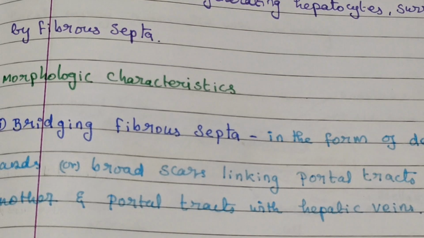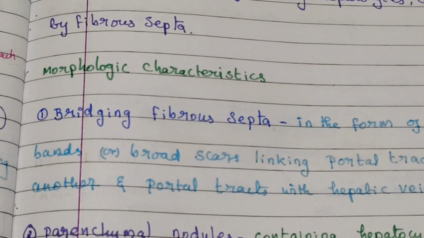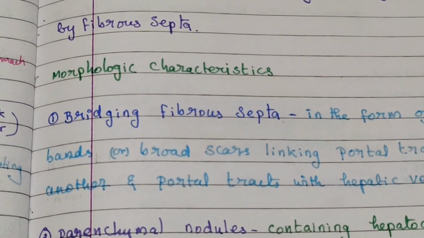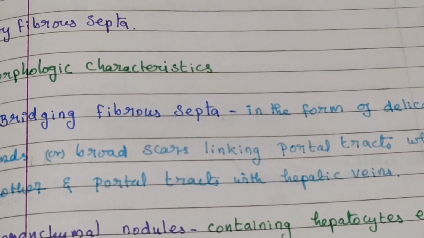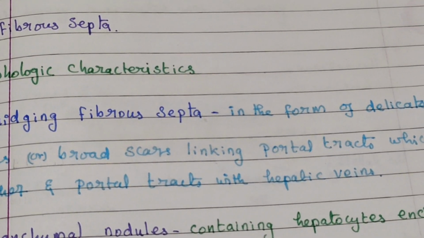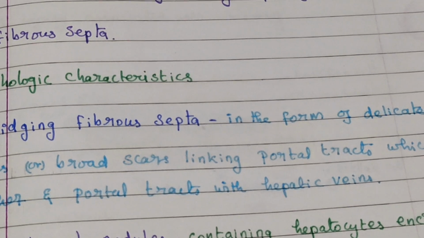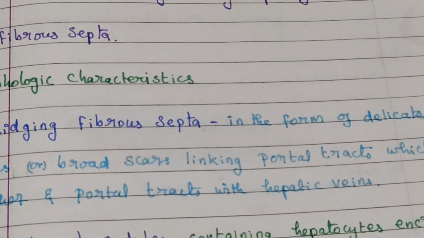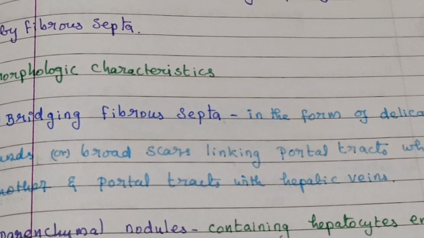Firstly, there has been bridging fibrous septa. These septa can bridge from portal vein to portal vein, or from portal vein to central vein, or central to central vein. So, this is the first criterion.